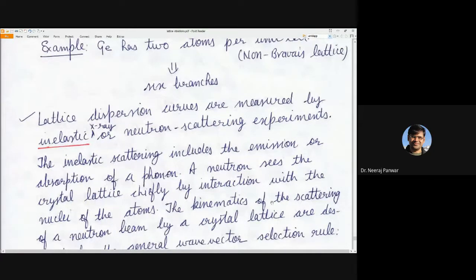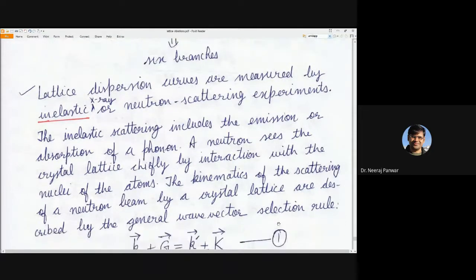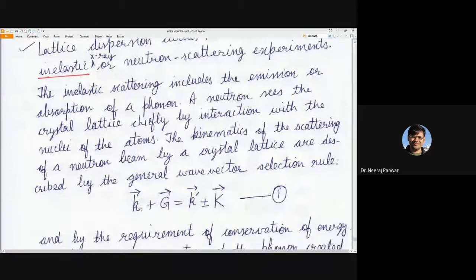The kinematics of the scattering of a neutron beam by a crystal lattice are described by the general wave vector selection rule. So this is the selection rule.